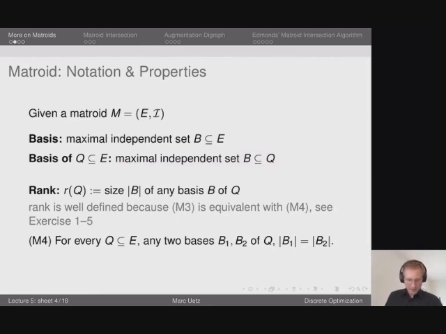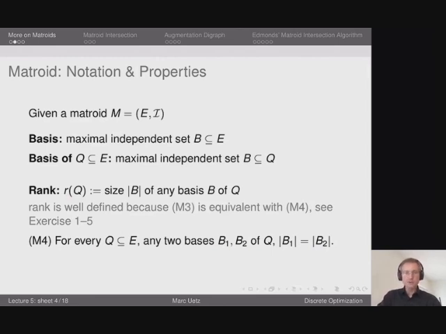And therefore, we can define the rank of a subset Q as the size of the corresponding basis of that subset Q. And that is well defined because if we talk about a matroid, which fulfills this property M3, this is equivalent with fulfilling this property M4, which just says that any two bases of every subset Q of the universe of elements E have the same size. So that makes this rank well defined.